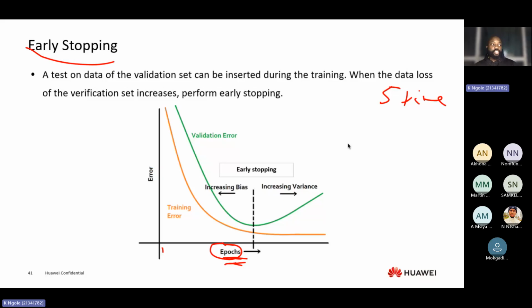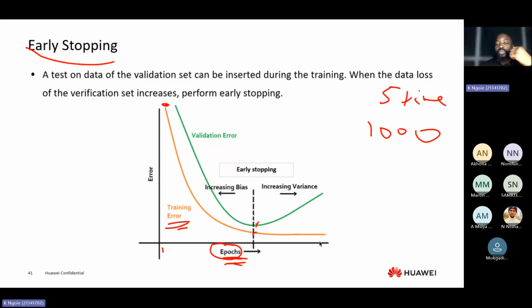Now, starting from the first epoch, let's say that in the beginning of our training session we choose 1,000. So 1,000 times, the model needs to train and learn from the data. The first time, we realize that we have a training error which is really high. As the error is dropping, the more we train our model, the more our error goes down. Then we get to a point where the error is minimal.